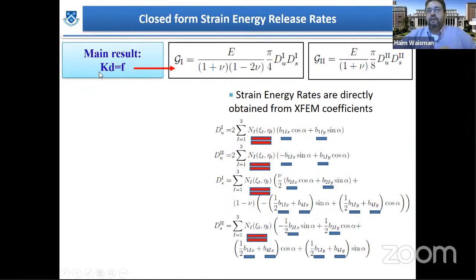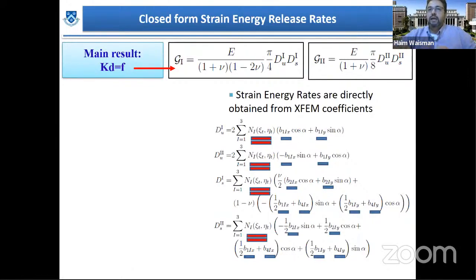The only thing you need to do is solve this linear system of equations, and automatically, without any post-processing, you can get expressions for G1 and G2. These expressions depend on the coefficients D1 and D2, and these coefficients are functions of your enriched degrees of freedom. All of this is available to you once you solve this linear system, right?